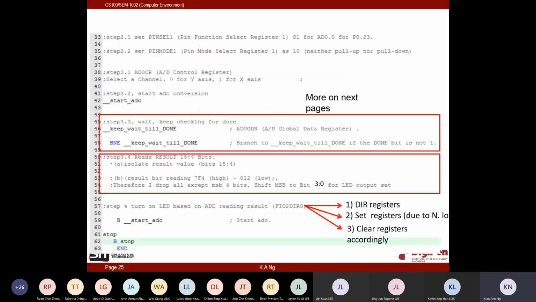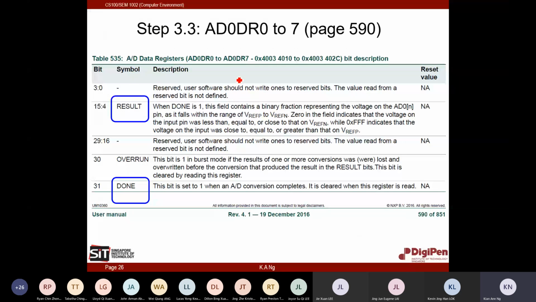This register is 32 bits, but your ADC is only 12 bits. So there is actually extra space inside the register. So for AD0DR0, right, 12 bits of it will be the actual converted result.